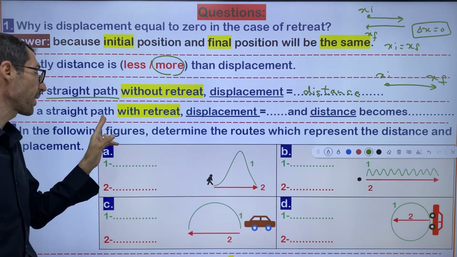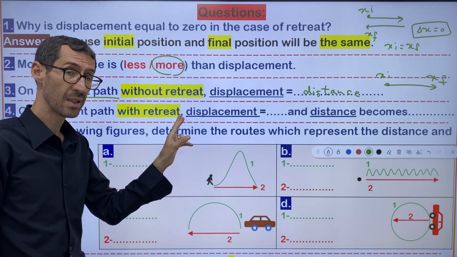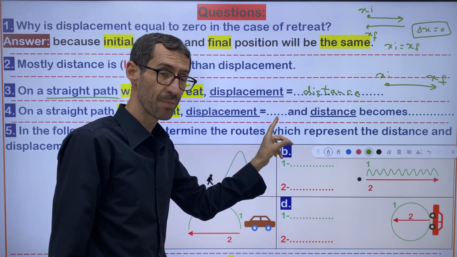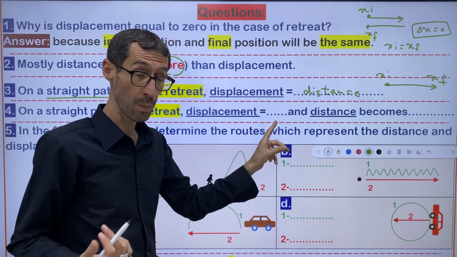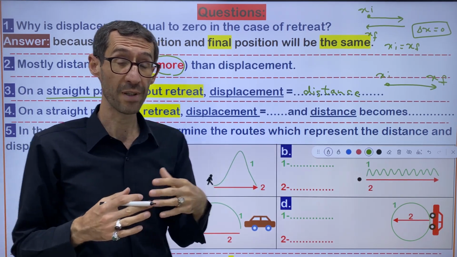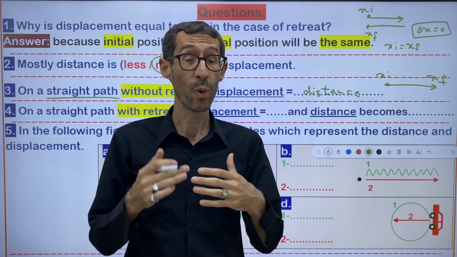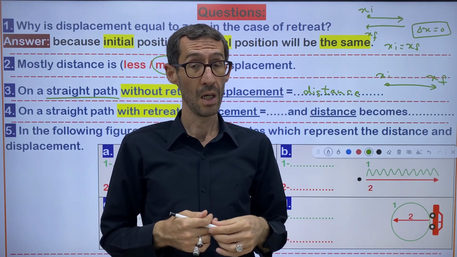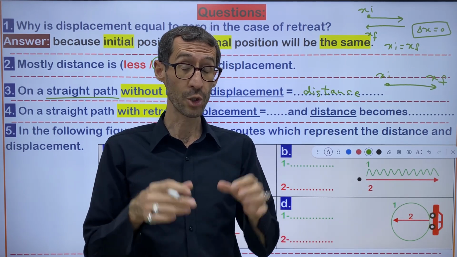Number four, on a straight path with retreat, with coming back, with return. On a straight path with retreat, the object moves to its original position. Think about, for example, yourself. You want to travel to another city. You start your trip at your home, right?